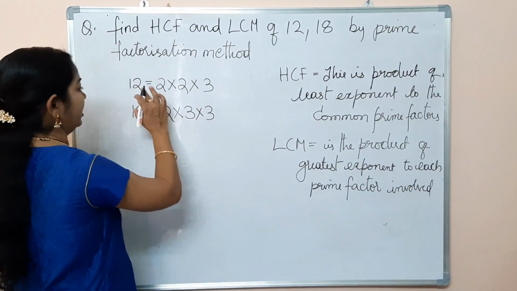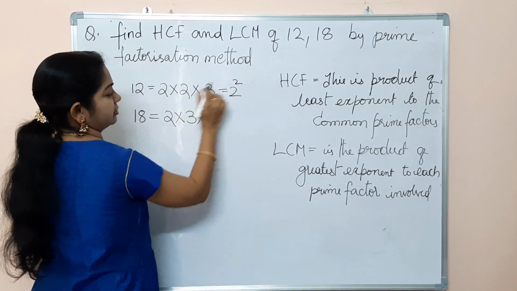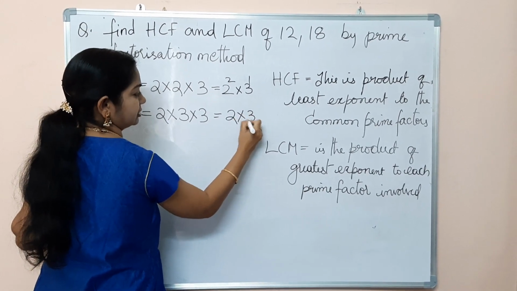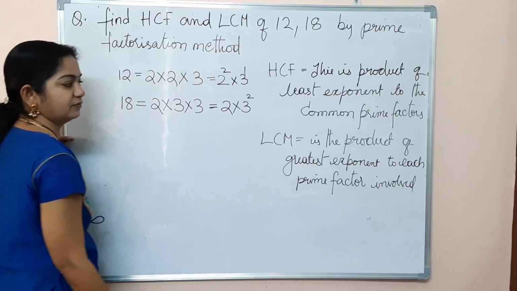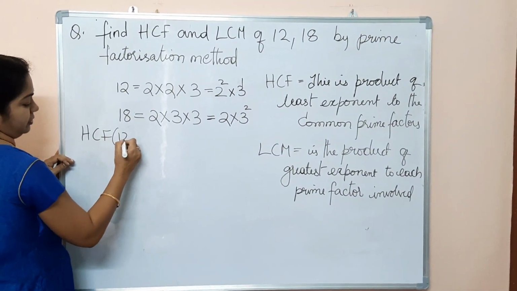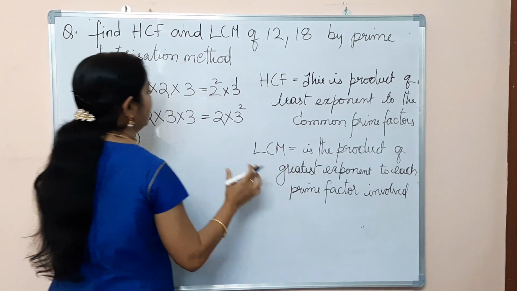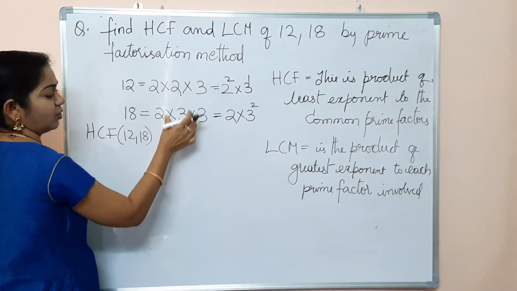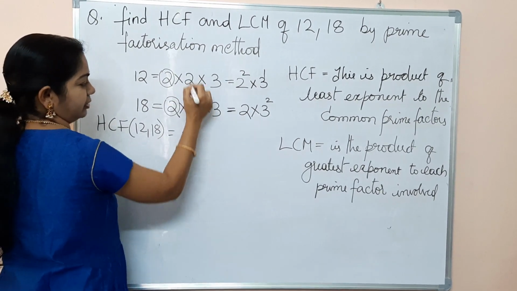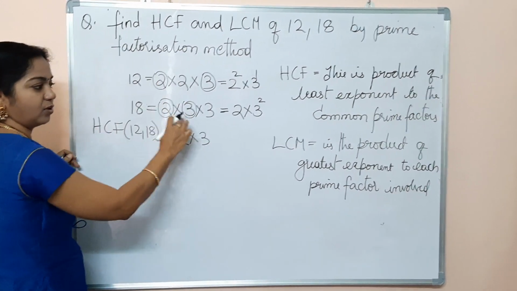For this, taking 12 and 18, here 2 has power 2, 3 has power 1, and here 2 into 3 square. I have written it in the exponential form. I need to find the HCF of 12 and 18. We have written the least exponent of the common prime factors. First let me write the common factors. 2 is common and 3 is common; these two are the only common factors.